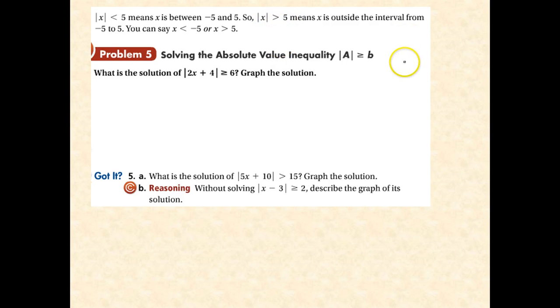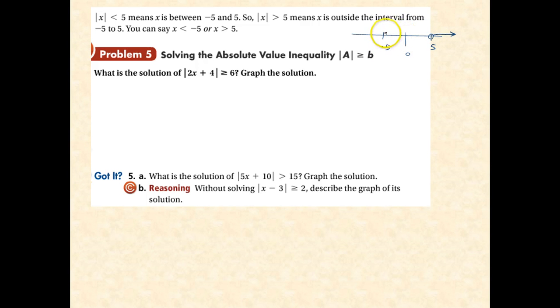Well, that would mean that if you imagine a number line, there's 0, there's 5, there's negative 5. This means our distance away from 0 is greater than 5. So our solutions are going to be more than 5 units away from 0. So that means 5 doesn't count, but everything that's more than 5 units away from 0 does count. To the right and to the left.